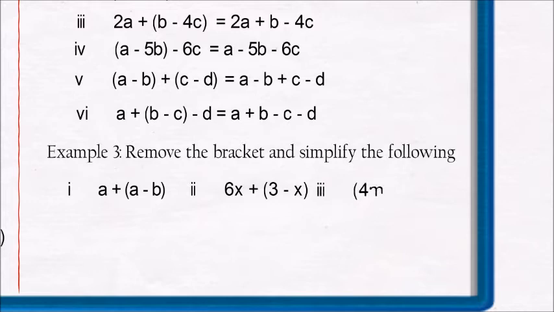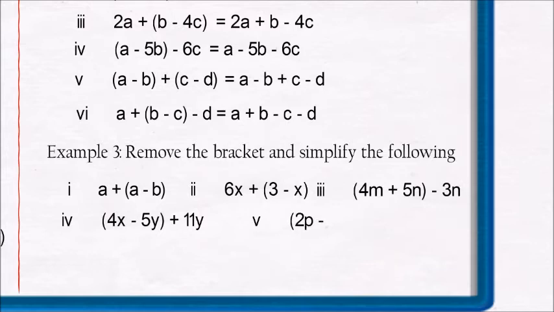Open bracket 4m plus 5n close bracket minus 3n. 4. Open bracket 4x minus 5y close bracket plus 11y. 5. Open bracket 2p minus 6q close bracket minus q.